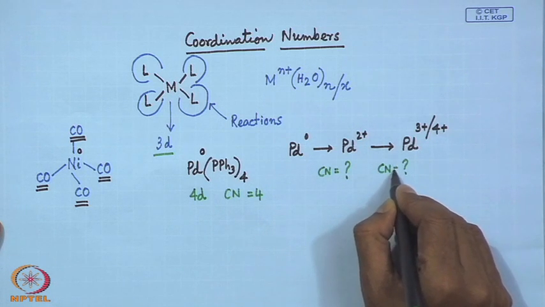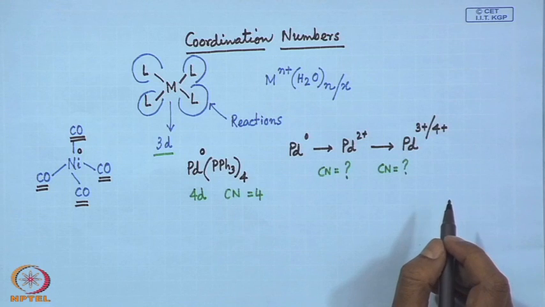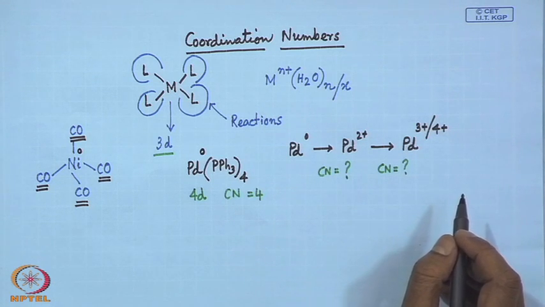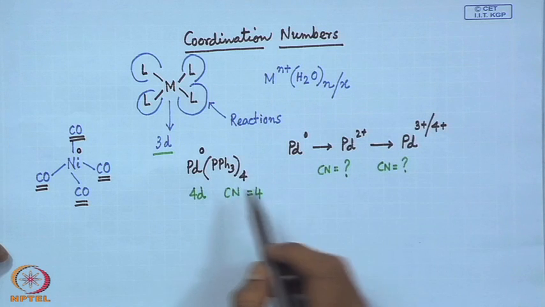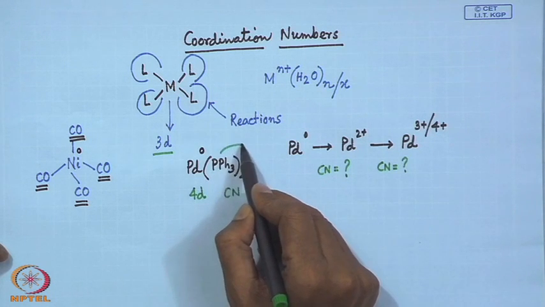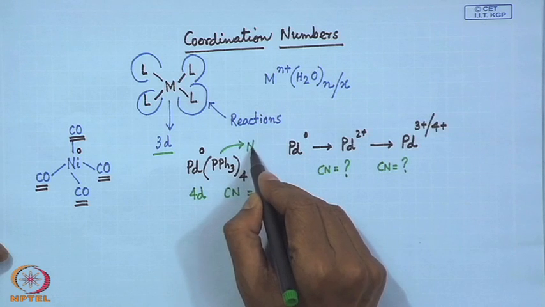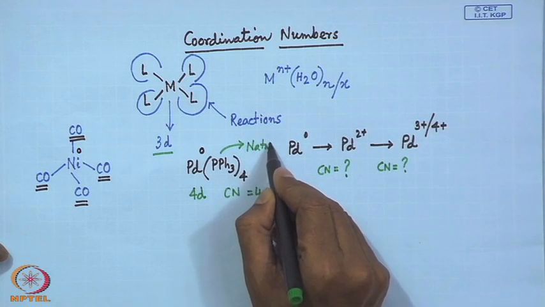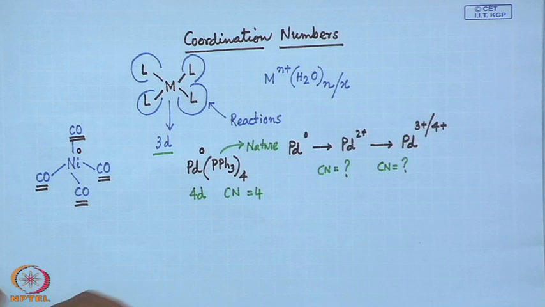So, these are the two important questions we can ask at this point, and we can get some answers related to the nature of this ligand, what we have been discussing in our last class.